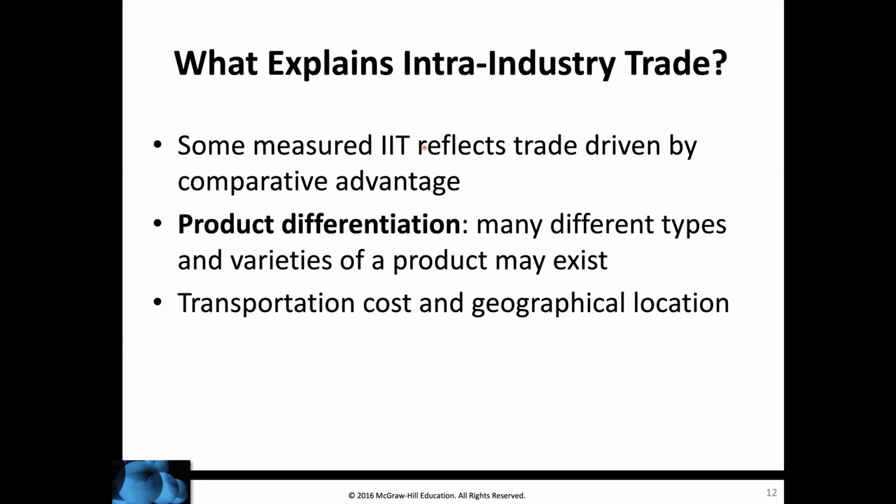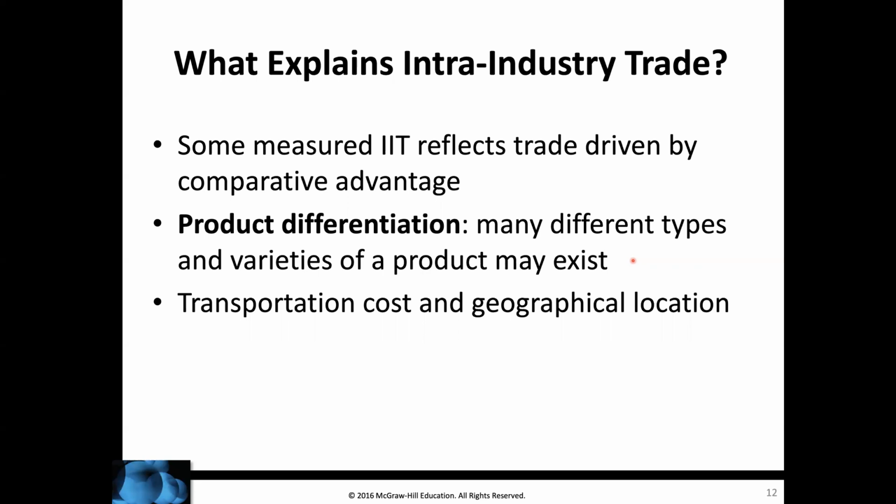So some measured IIT reflects trade driven by comparative advantage. But when we're looking at this, we need to discuss the concept of product differentiation. So there are many different types and varieties of a product, and automobiles might be a great example. For a number of years, U.S. cars, and I'm not trying to be negative about the U.S. car industry because they make some good cars, but it was kind of the opinion of many that maybe some of these foreign cars, like a Honda or a Toyota, make a little bit better car.